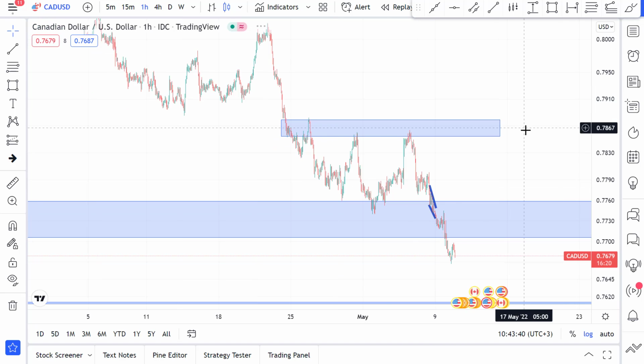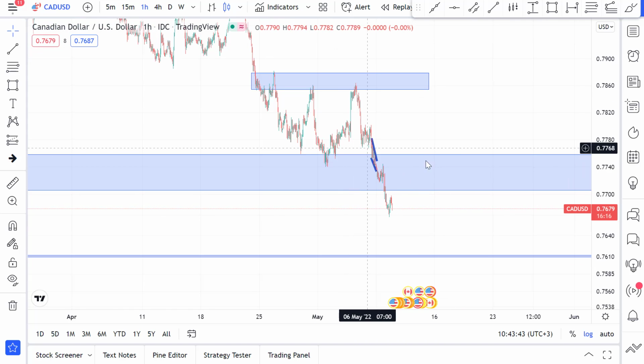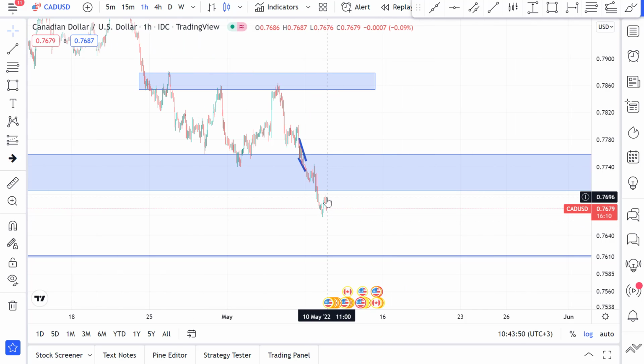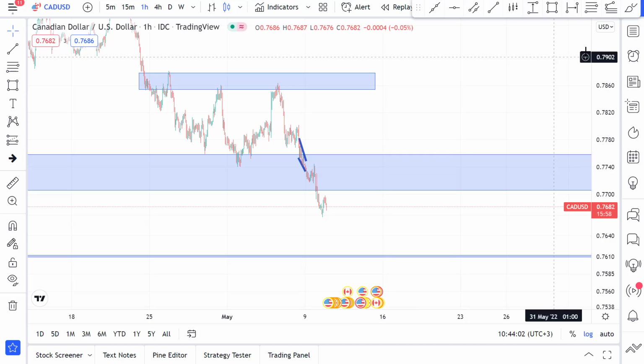Unfortunately, we had a breakout of this zone, which I told you was a very important one, and we had a pullback to this zone. The other support we have is 0.76. This zone is important for us. We might have some reactions to this zone.